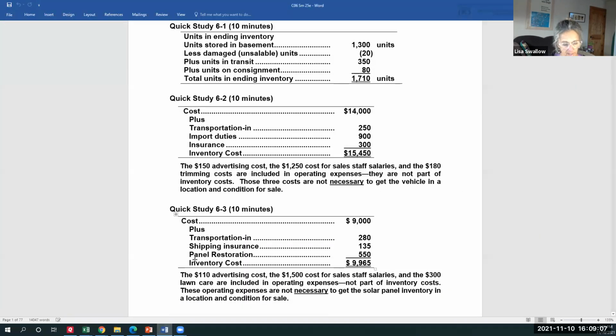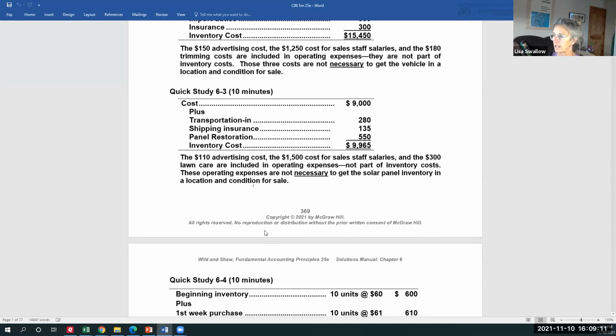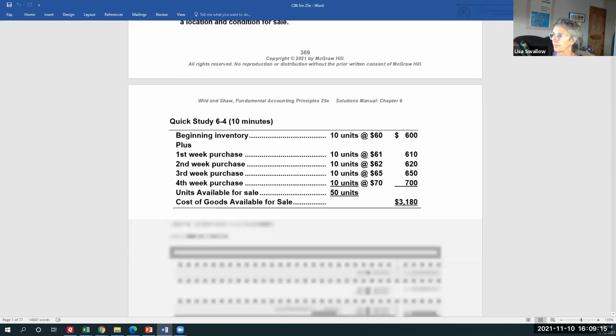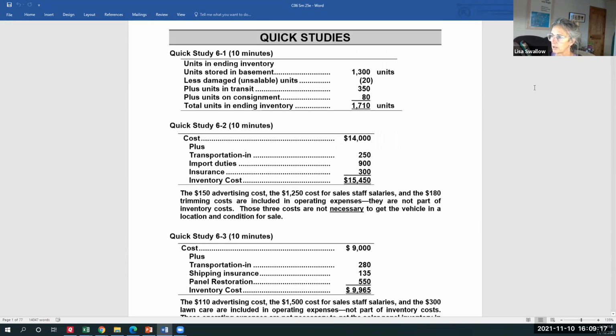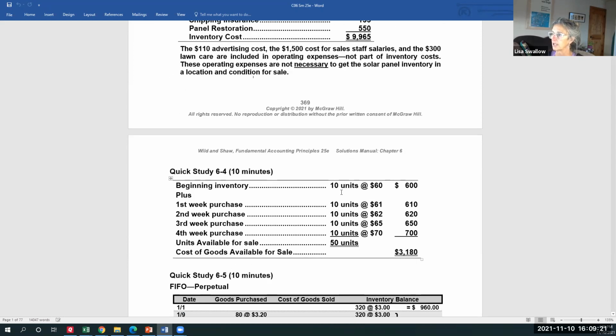So in this problem, we started with $10. It's 60 bucks a pop. We made these purchases. So at this point, we have 50 units available for sale, $3,180.